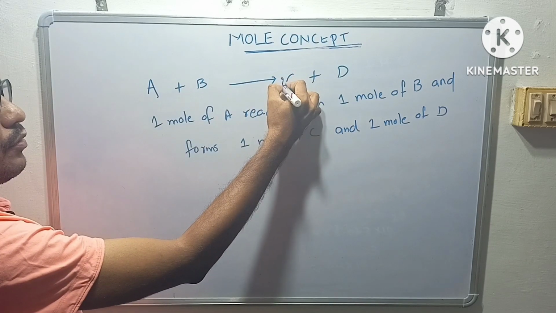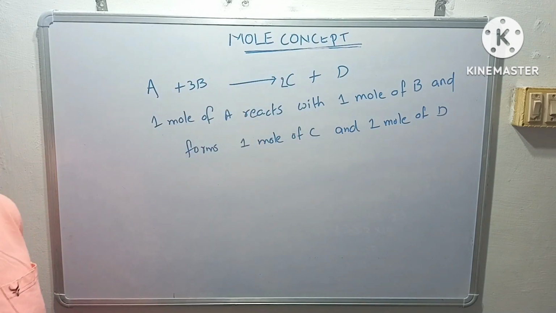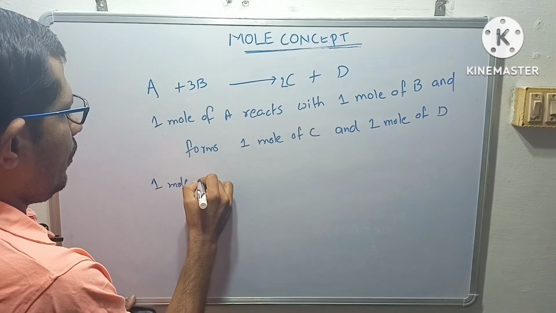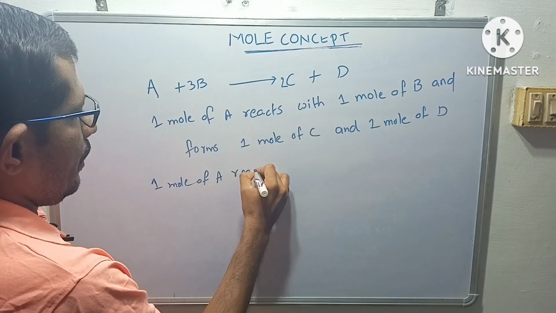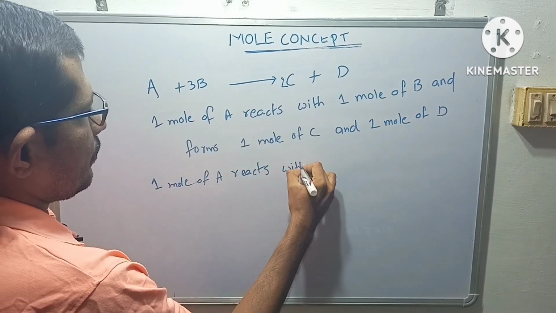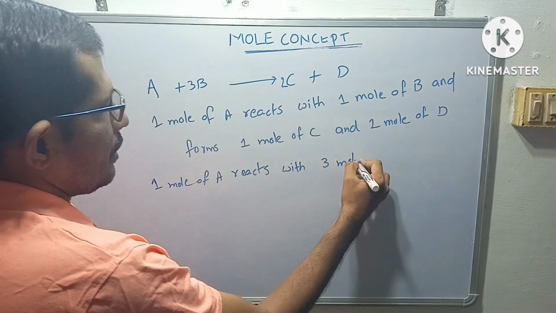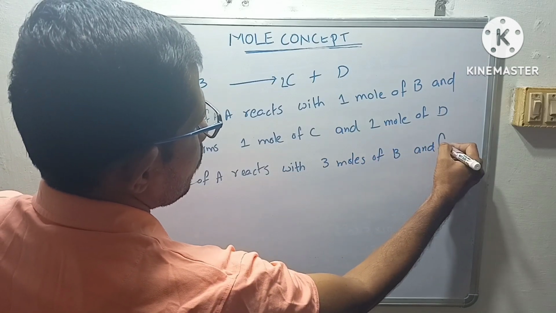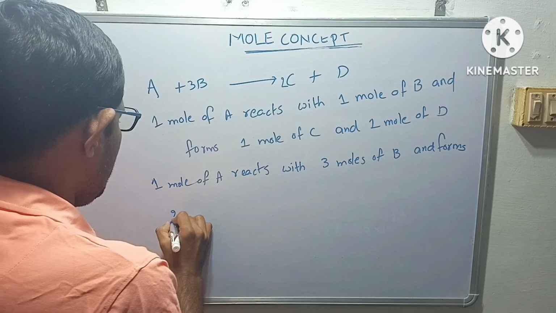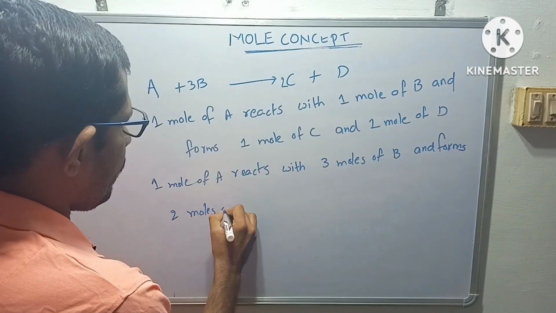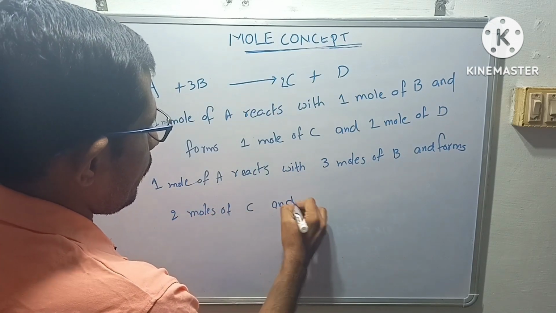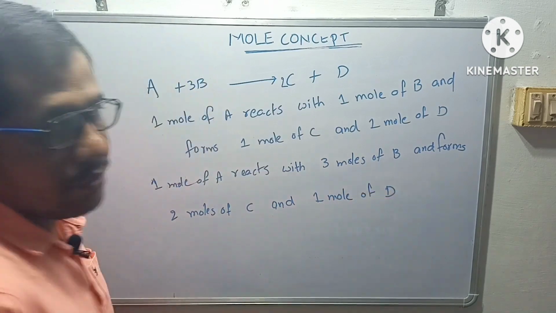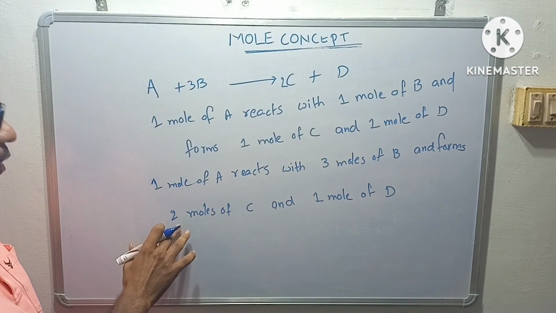If you write 2, 3 over here, we can write 1 mole of A reacts with 3 moles of B and forms 2 moles of C and 1 mole of D. First we need to decode the reaction like this, right?